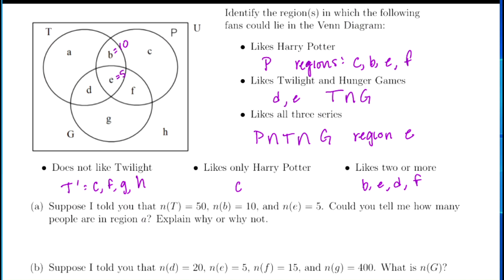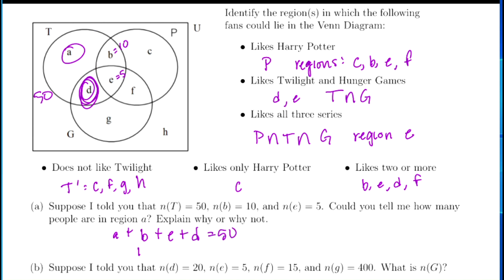Can I now say how many fans are in region A? Well, I know that all of T is 50, but I don't know anything about D. So I have 2 of those 4 pieces of information. I know that A plus B plus E plus D would be 50.